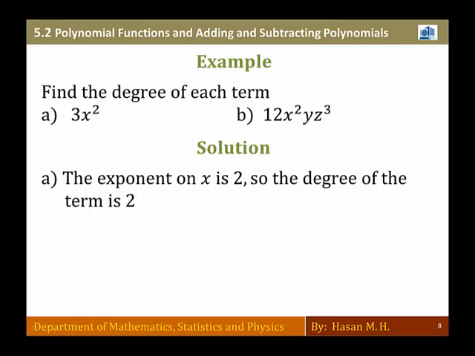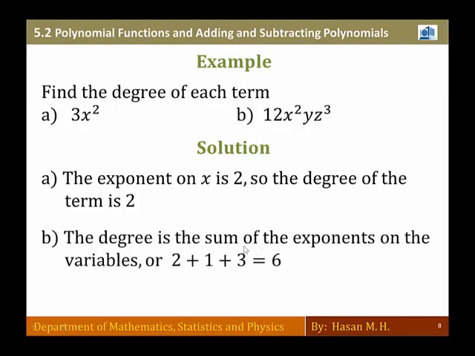B. To find the degree of 12x squared y z cube, the degree is the sum of the exponents on the variables.